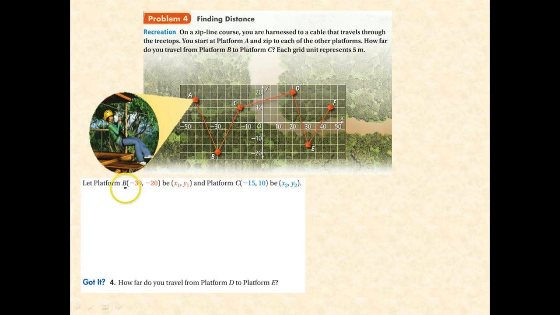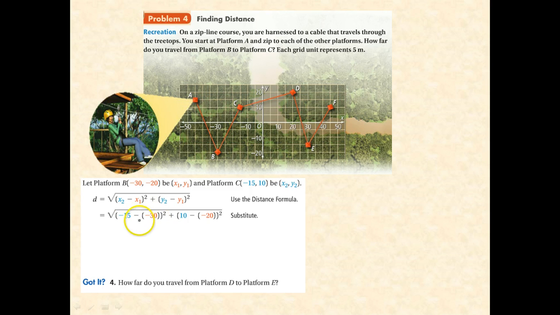So what do we see? Platform B is at -30, -20. Call that x1, y1. Platform C is at negative 15, positive 10, and we'll use the distance formula. x2 minus x1, that's going to be negative 15 minus negative 30. y2 minus y1 is going to be 10 minus negative 20.